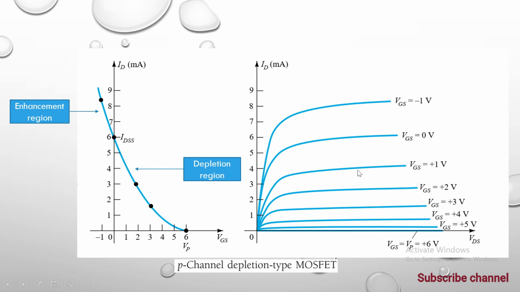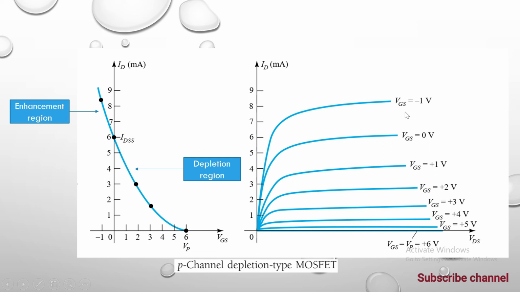When we apply positive VGS, the source drain current decreases, and so on until VGS is equal to VP, equal to positive 6 volts, and then the value of IDS will be 0, and we can say that the MOSFET is in a non-functioning state.